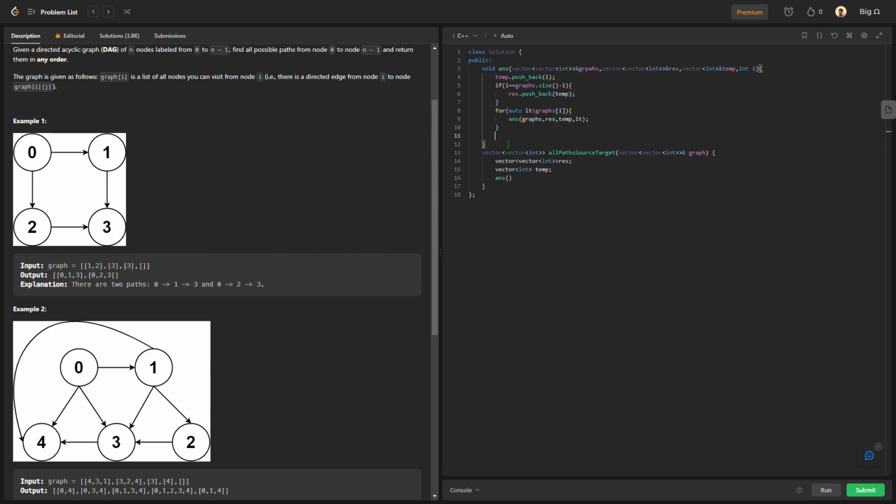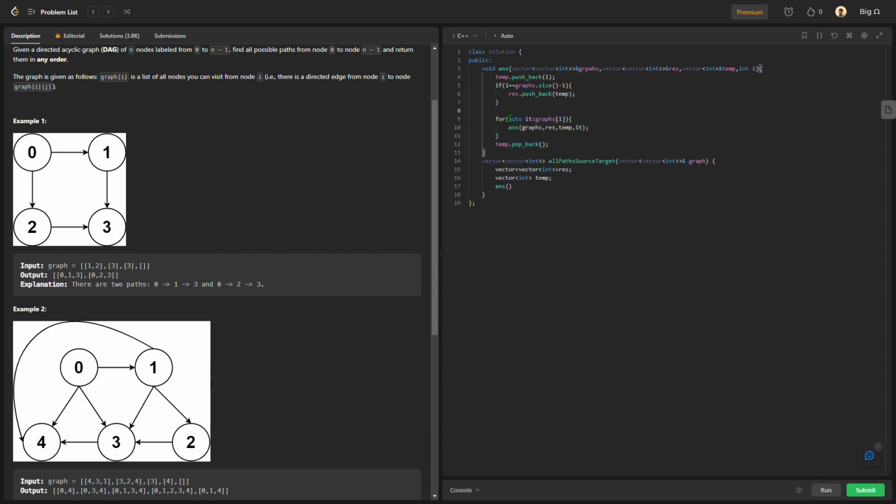So I need to pop out, that is temp.pop_back. I need to do a temp.pop_back, and we are initially done, but this condition would not always occur.